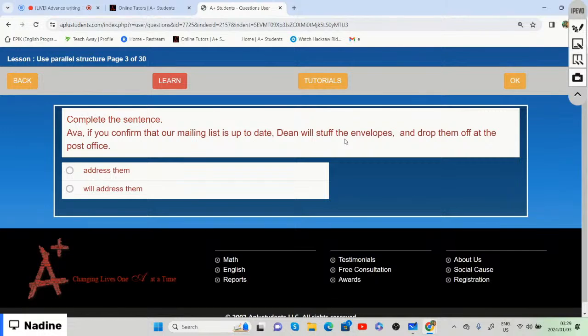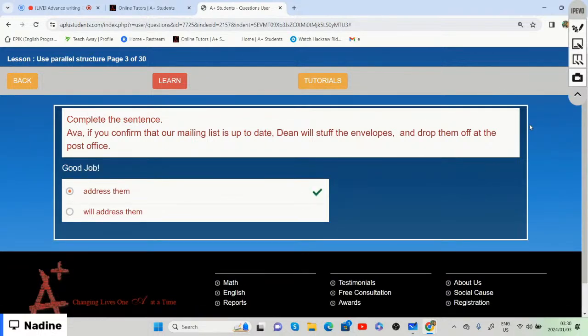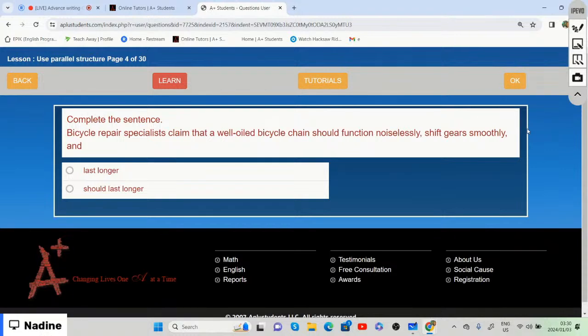So first, address them or will address them? We can say address them and drop them off at the post office. So we will then say Dean will stuff the envelopes, address them, and drop them off at the post office.